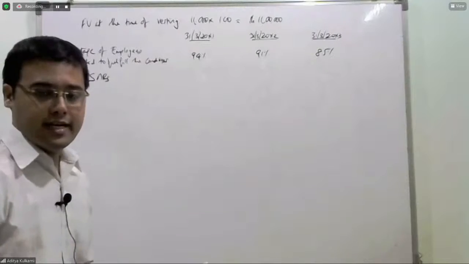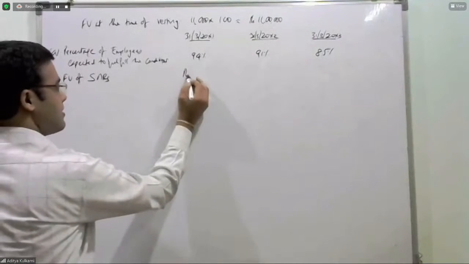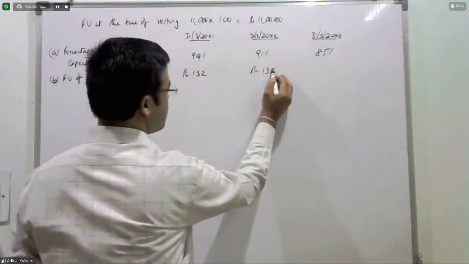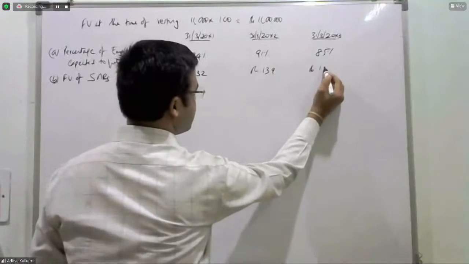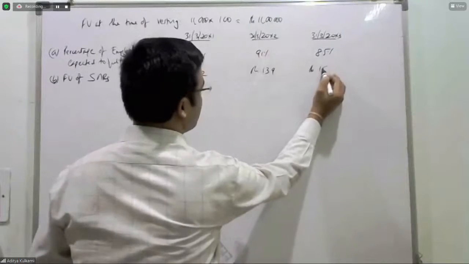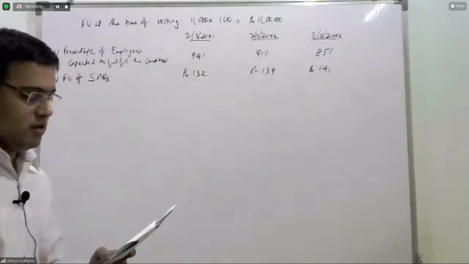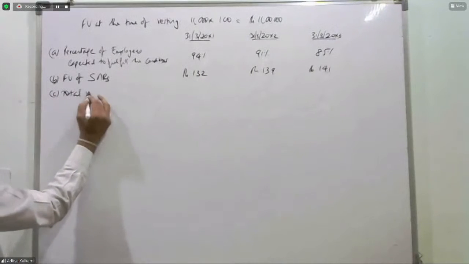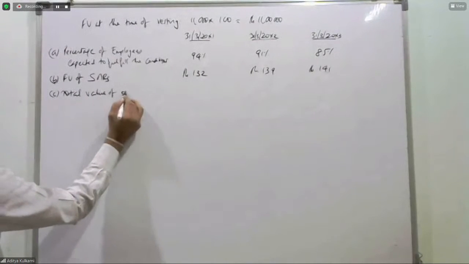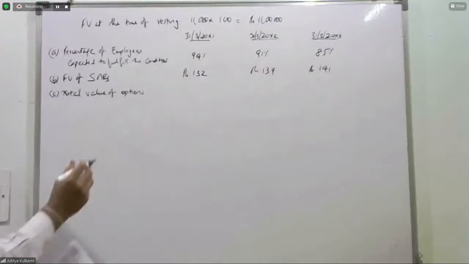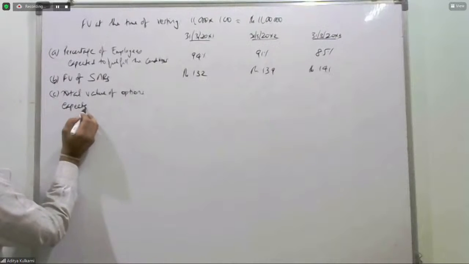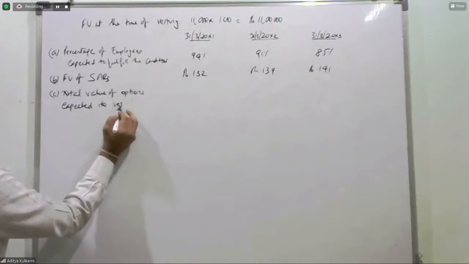Now, fair value of SARs. How much is it? It is given to you to be 132. Then it is given to be 139, and finally it is 141. So total value of SARs expected to vest.